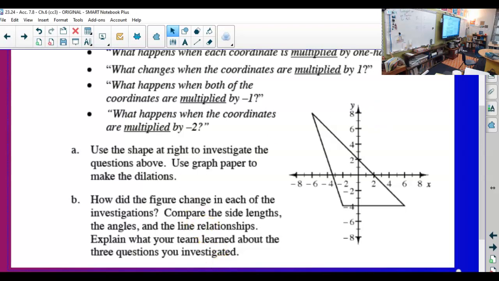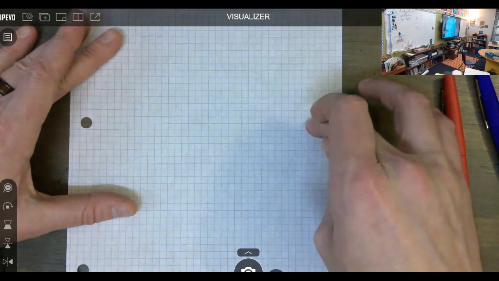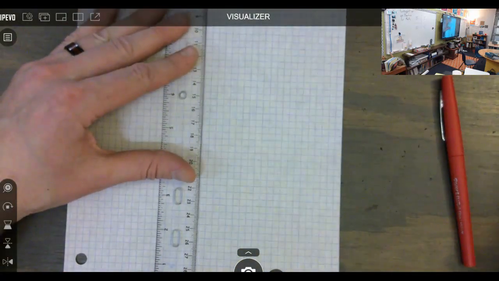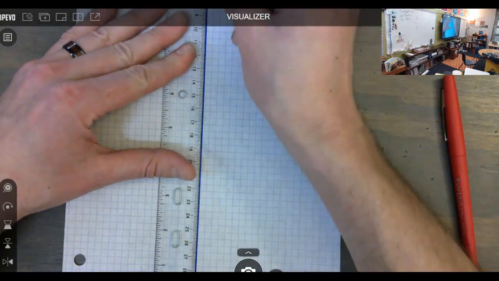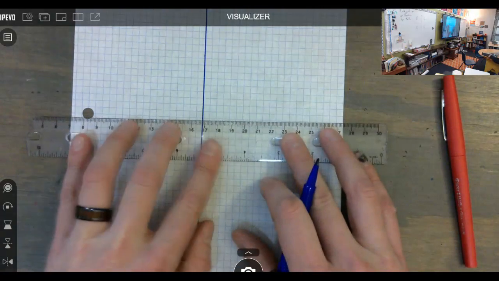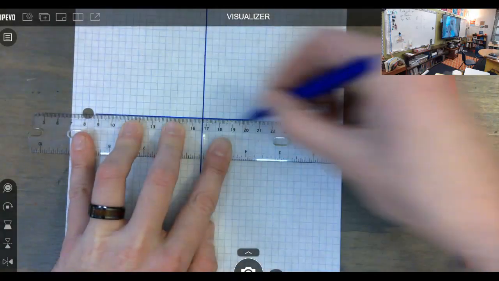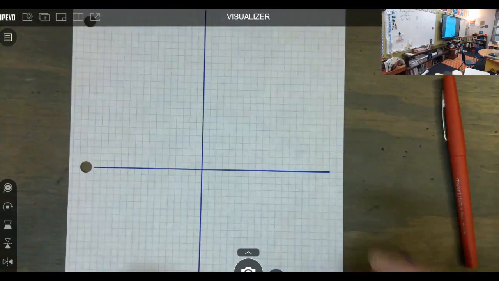If you make one piece of graph paper with axes in the middle, you could use this for multiple problems if you color code them. So like you could just use a big piece of paper with XY axes.